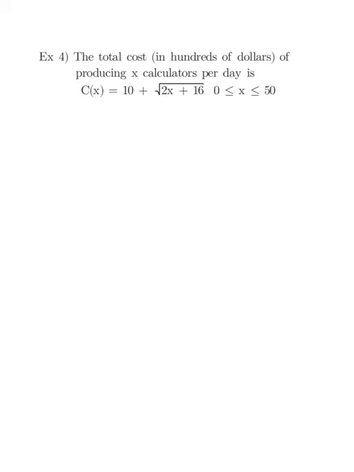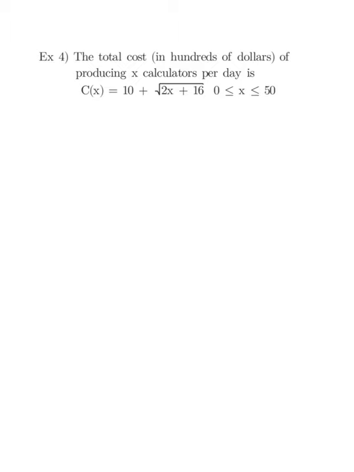Example 4 says the total cost in hundreds of dollars of producing x calculators per day is given by the function c of x equals 10 plus the square root of 2x plus 16. After the function, they give us this statement about 0 less than or equal to x less than or equal to 50.